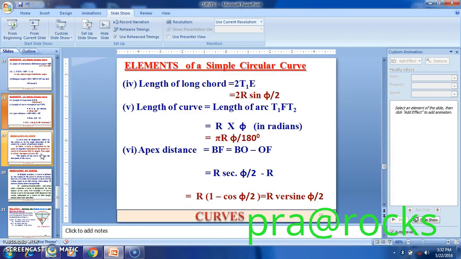Then the length of the curve, which is the arc itself, can be written as R phi, in radians. To convert it to degrees, we multiply by pi by 180, so it is pi R phi by 180.